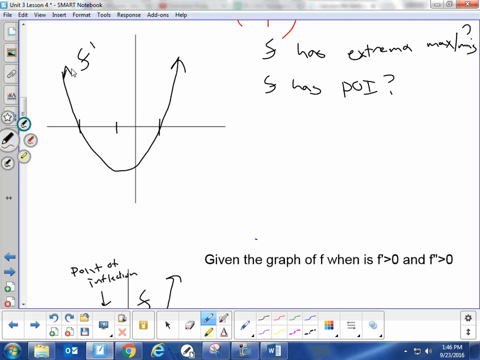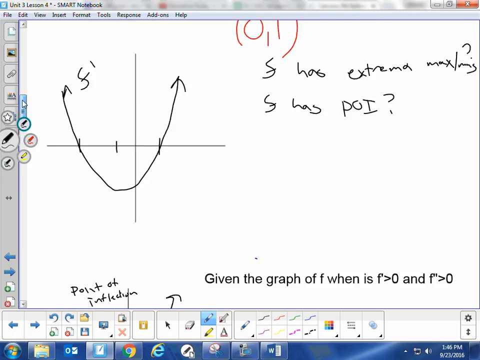All right, f prime, when does f have extrema, maxes or mins? When does f have a point of inflection? Same kind of deal here. Next question we'll do as well. So pause the video, and then we'll go over it.